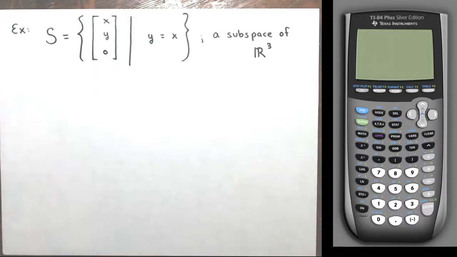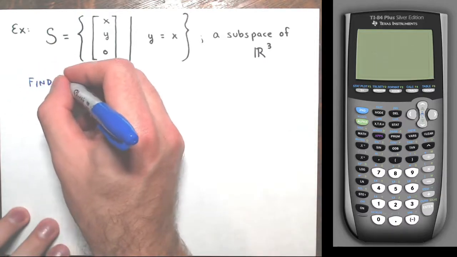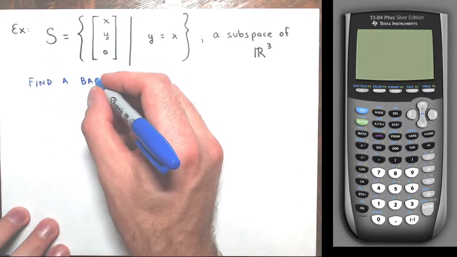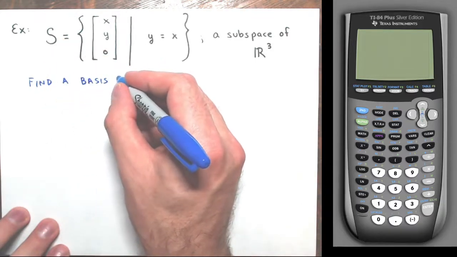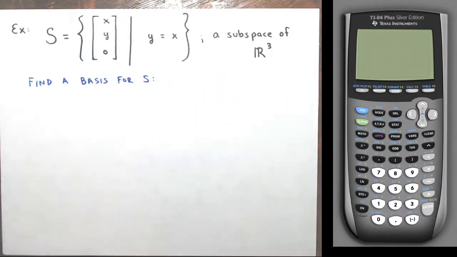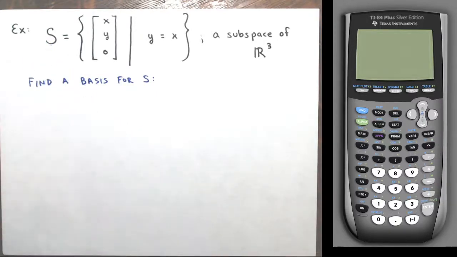Now again, we're trying to find a basis for S. Find a basis for the vector space S. So a set of vectors that spans S. That means that every vector in S is a linear combination of the set of vectors we find.